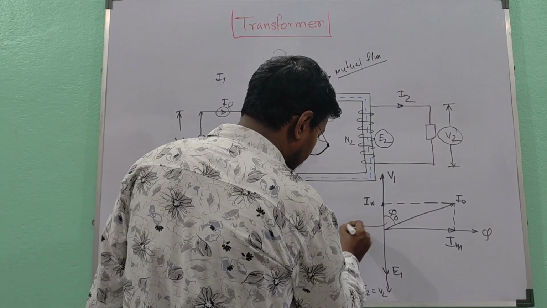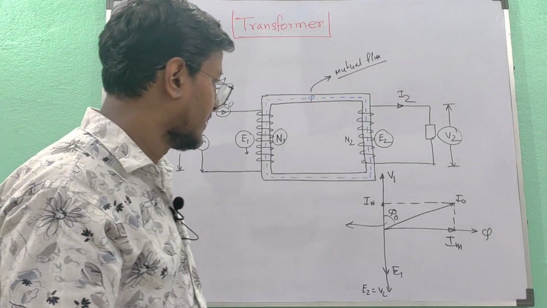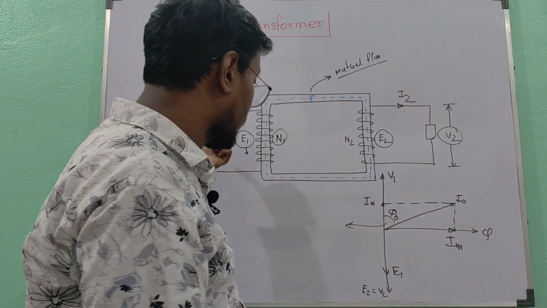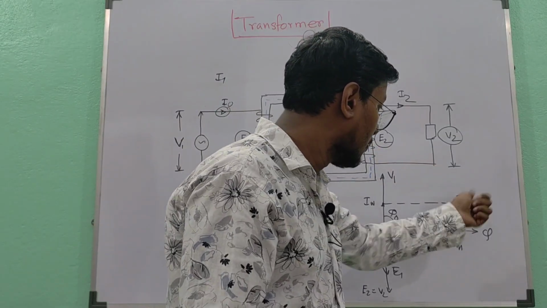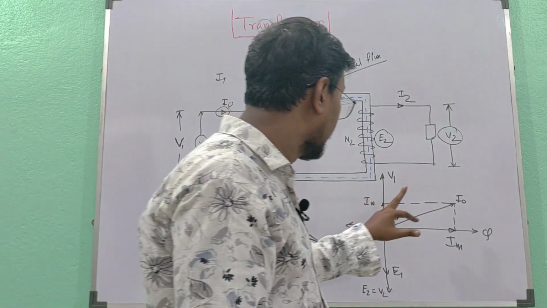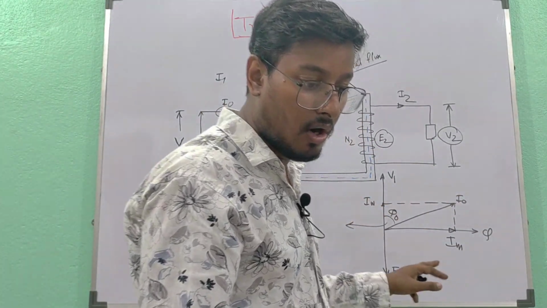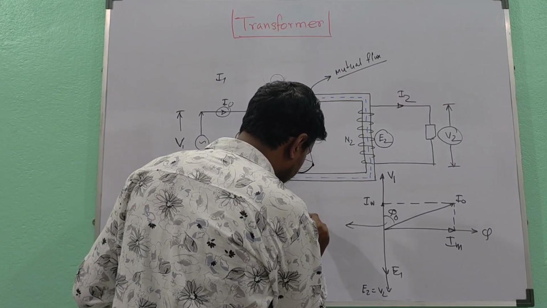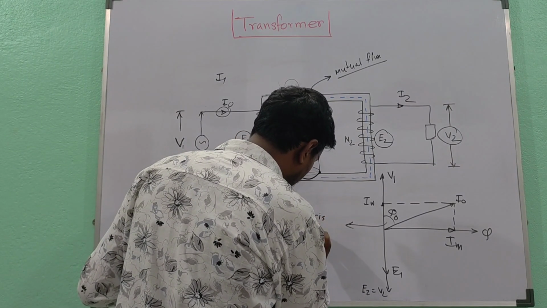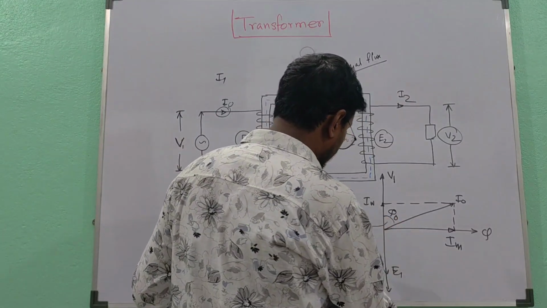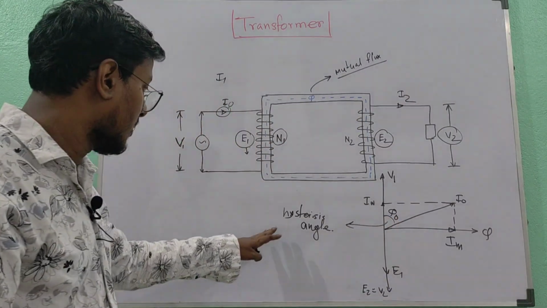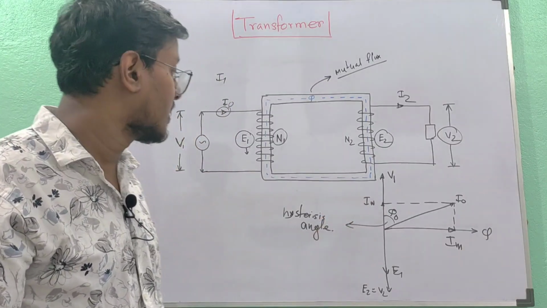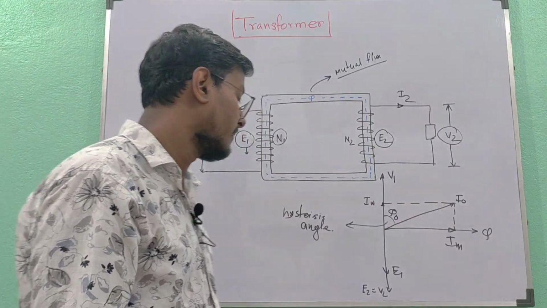Now this angle phi 0, that means the angle between V1, the primary source voltage, and the no load exciting current I0, is also called the hysteresis angle. This phi 0 or hysteresis angle occurs because of the core loss, which shifts the current phasor from V1.